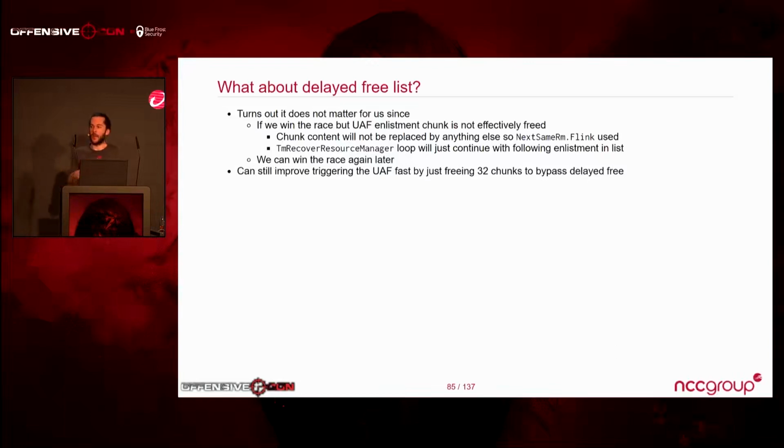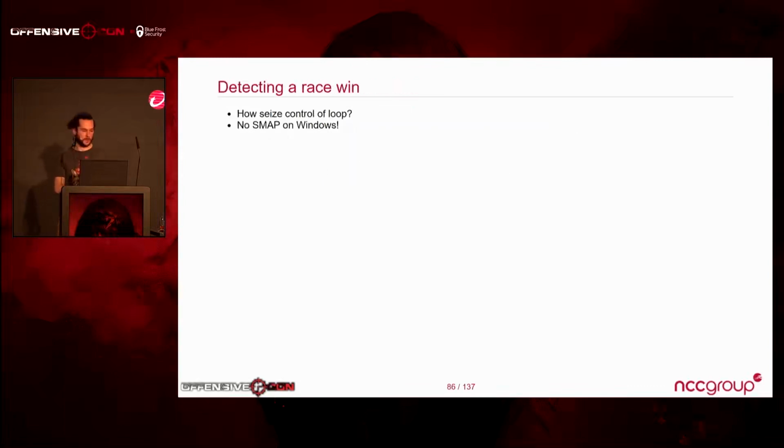So it's going to use a stale pointer, which is valid, and it's just going to continue in the linked list. So it's just going to fail. We won the race. We just failed to use after free, but we can try again, and it works. But obviously, the good method is to actually free 32 chunks to flush the list, because it's a simple method and it just makes it faster.